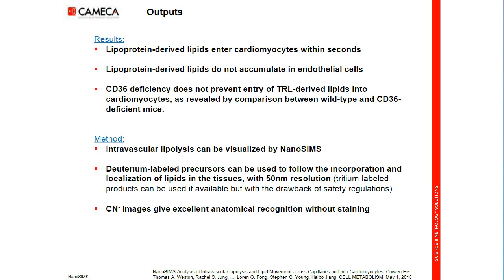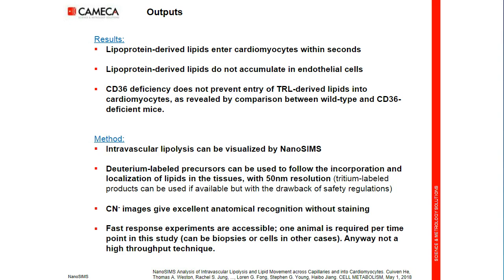And fast response experiments are accessible. Here, for example, 30 seconds, but know that one animal is required per time point in this study. If it were cells, it would be a certain number of cells sampled at a certain time. Anyway, it is not a high-throughput technique.